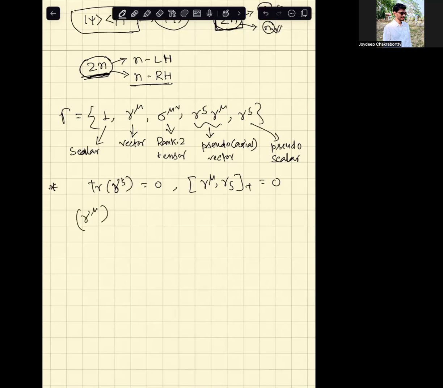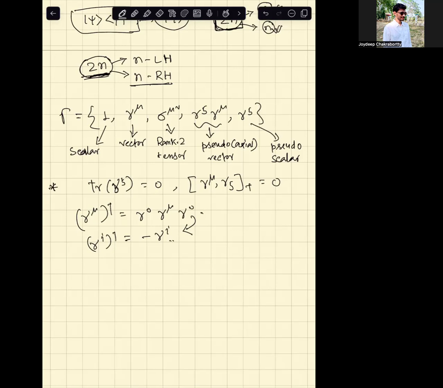That you write down as gamma mu dagger equals gamma 0 gamma mu gamma 0. And gamma i dagger, you can prove starting from this: you just set mu equal to i, and then immediately use the anti-commuting nature of gamma i and gamma 0. From there, this will follow from this relation. This is simple.